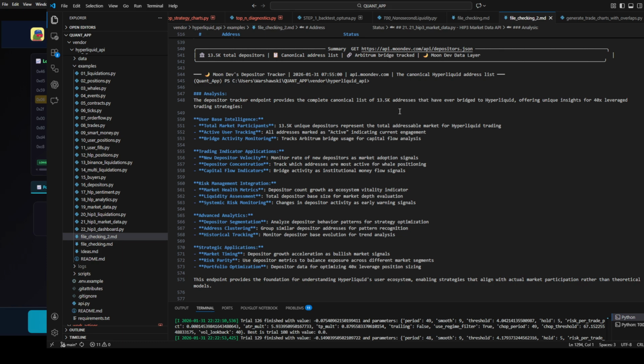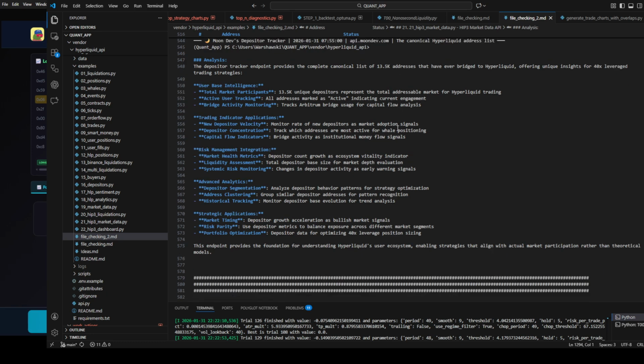Trading indicator applications: new depositor velocity, monitor the rate of new depositors as market adoption signals; depositor concentration, track which addresses are most active for whale positioning; capital flow indicators, bridge activity as institutional money flow signals.